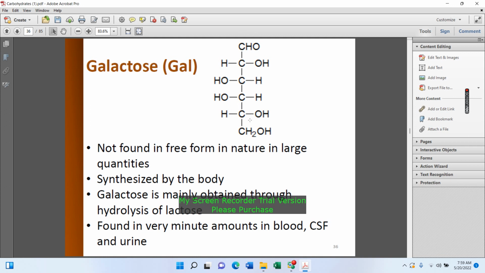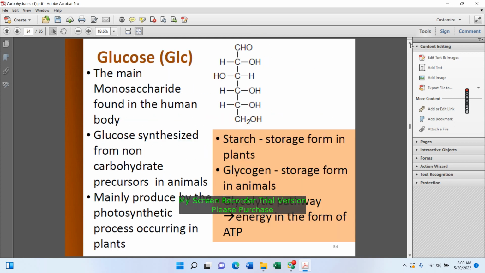So this is the main structure of glucose. The difference here is that you can see this hydroxyl group. Two of the hydroxyl groups are on the right side, and it also has an aldehyde, and the aldehyde is on the edge, right? So let's compare this with the glucose molecule.